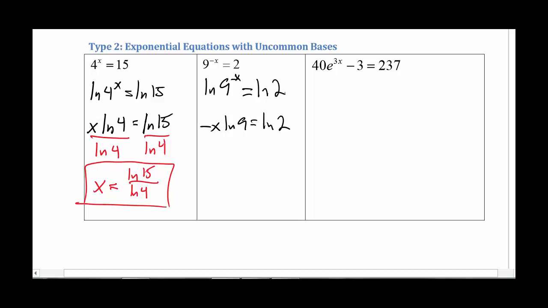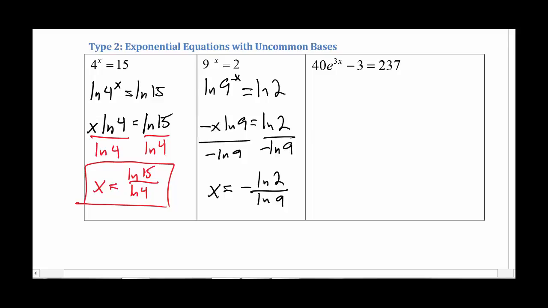All right, now from here, think about it, what's our goal? Our goal is to get x by itself, right? So what do I have to divide by? Well, I got a negative and I got an ln of 9, so I'm going to divide by a negative ln of 9. All right, so then we get x is negative ln 2 over ln 9.